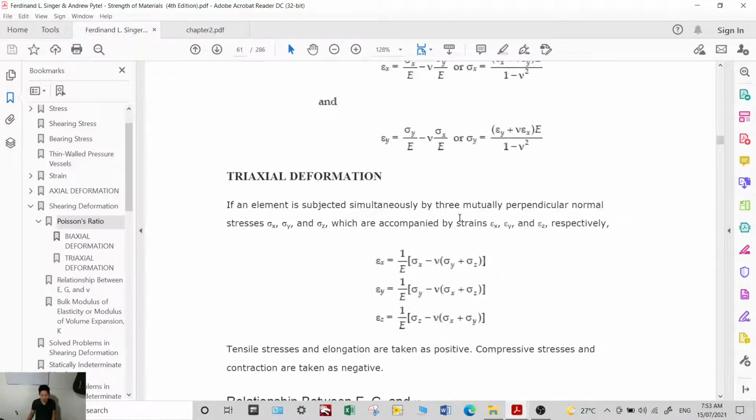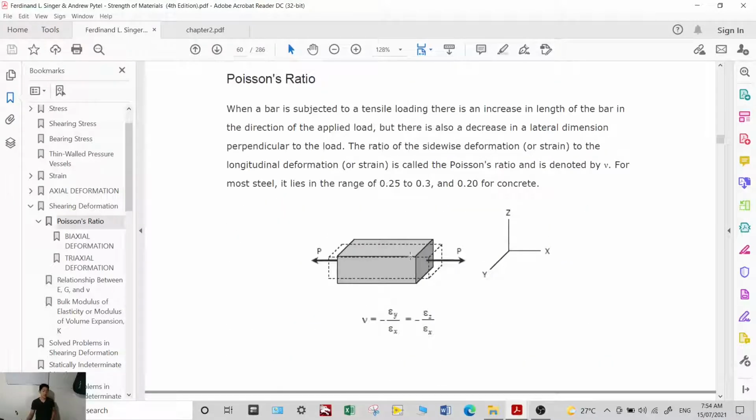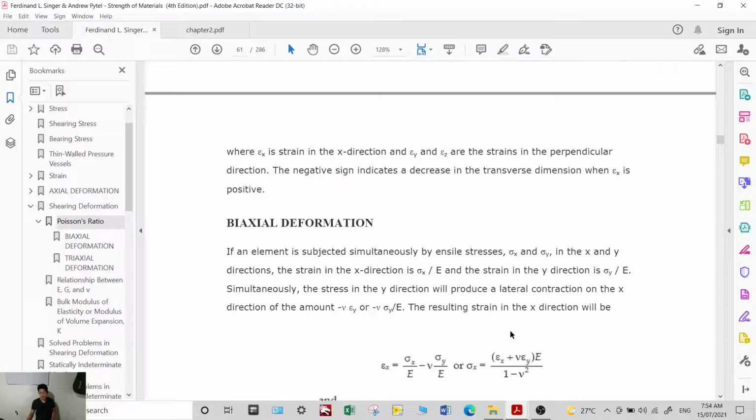How about if three forces or three stresses are applied to the material? So you have forces along x, y, and z.